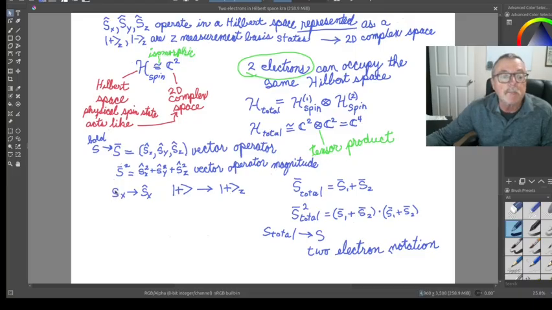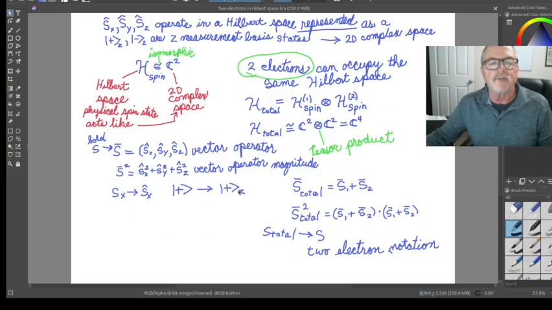So when I put S sub x, I really mean S operator sub x. When I put plus in this notation, that indicates an up direction on the z, or aligned on the z axis. Everything's kind of focused on z.